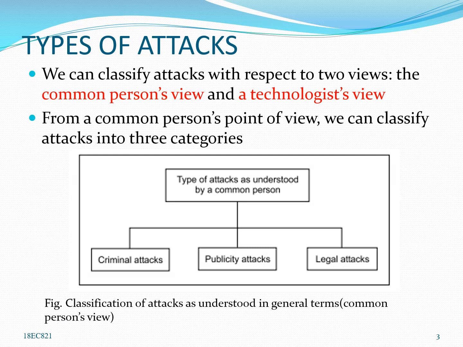Next, we'll discuss types of attacks. In the types of attacks, there will be two views. One is called the common person's view, and the other is called the technologist's view.